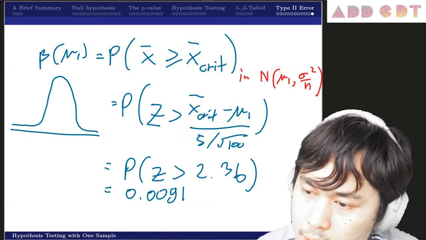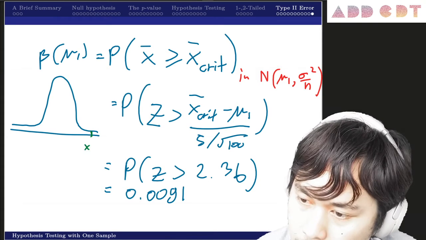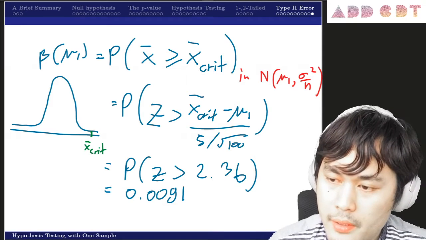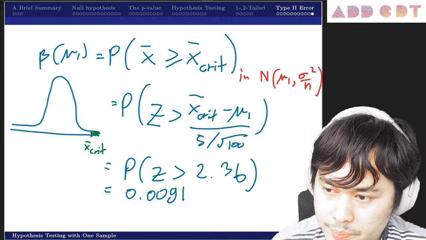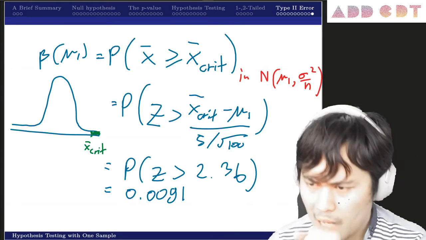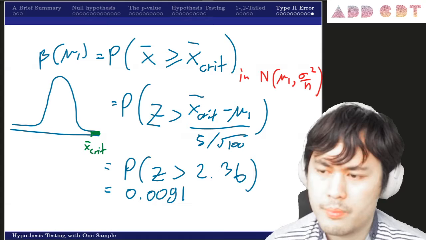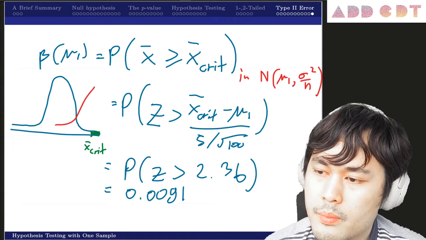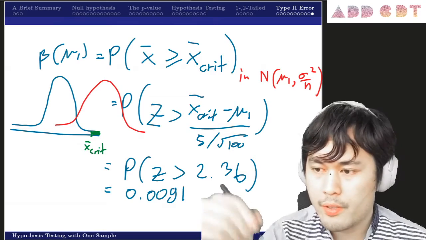Right, and that critical point is here. So that's why the area is small. It's 0.0091, about 1 in 100, compared to the original curve here that we have erased.